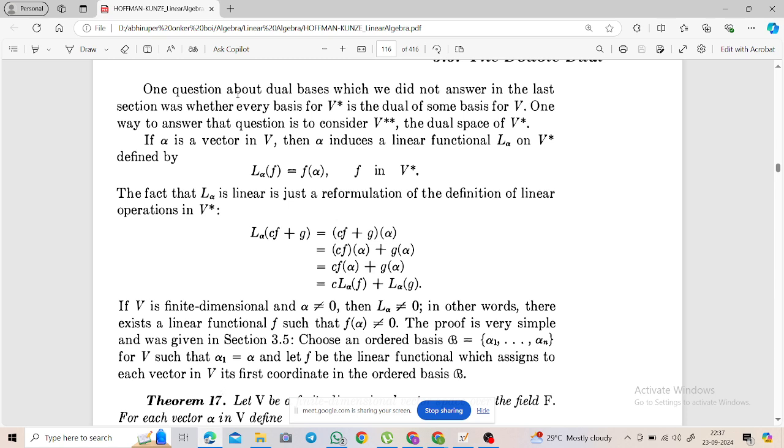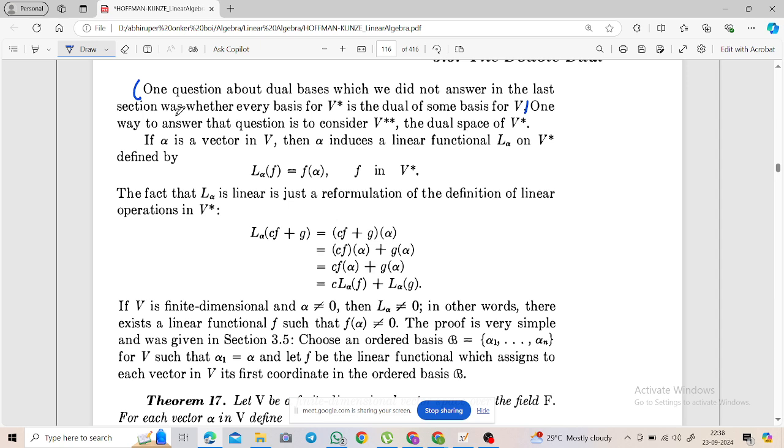Here, first of all, what they are doing is they are posing a question. We considered a basis of the vector space V, and we saw that the dual of that basis was also a basis for V star, right? If beta is a basis of V, then beta star was a basis of V star.